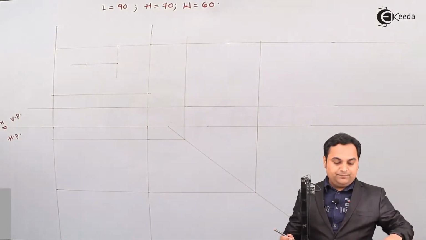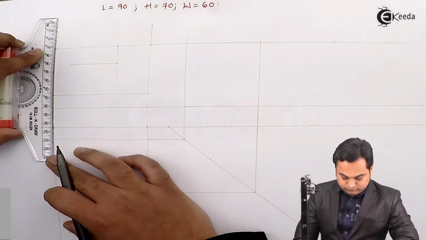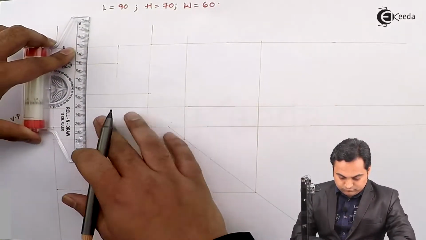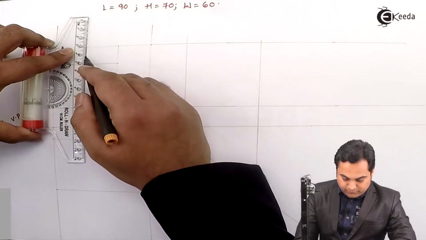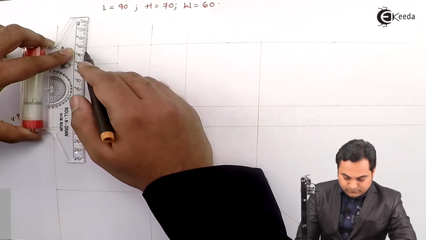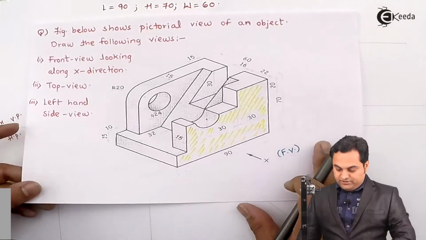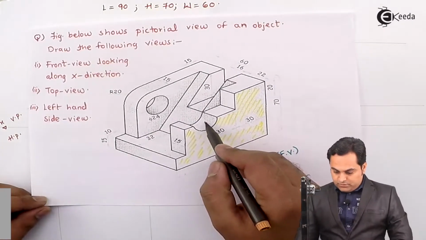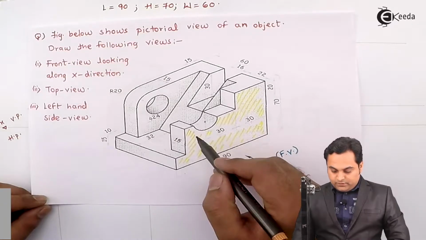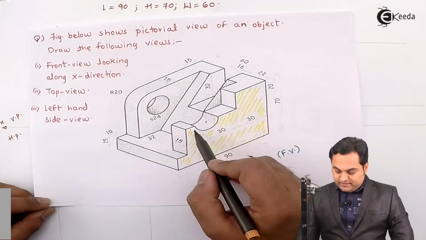Measuring 30 mm. From here, I'll drop a light vertical line.